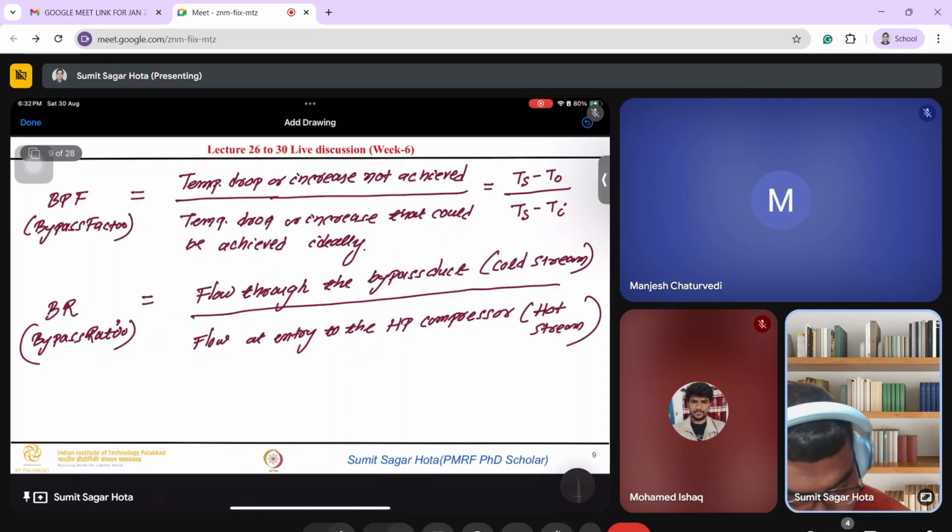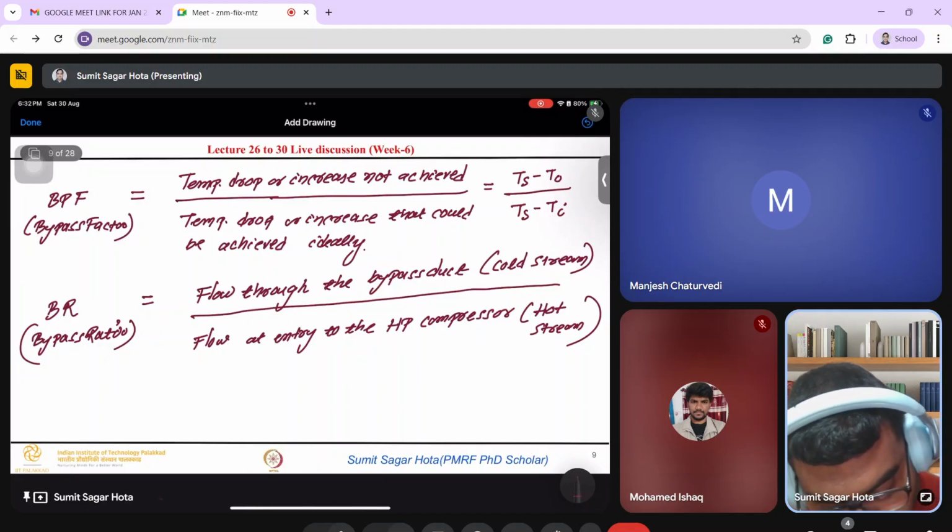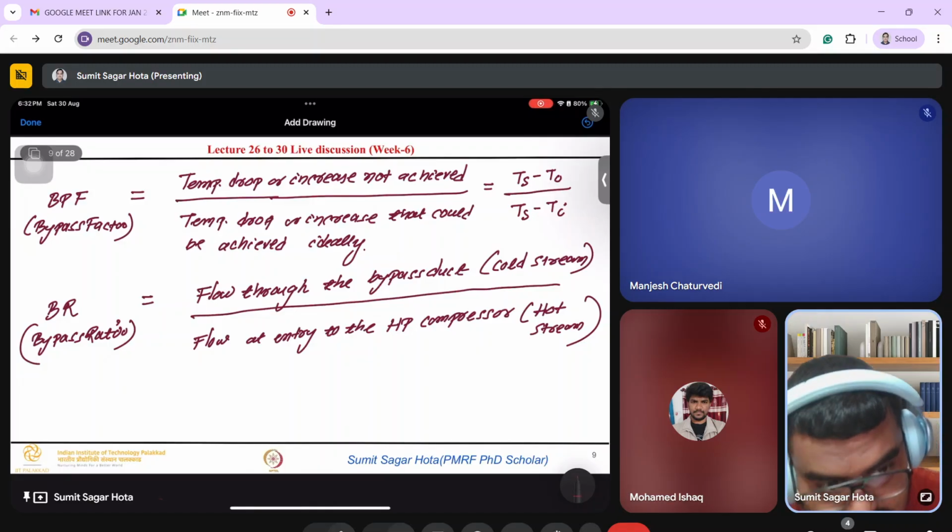So this is how your bypass ratio is defined. Basically, the bypass ratio deals with the flow phenomenon, and the bypass factor is a kind of change in temperature phenomenon.